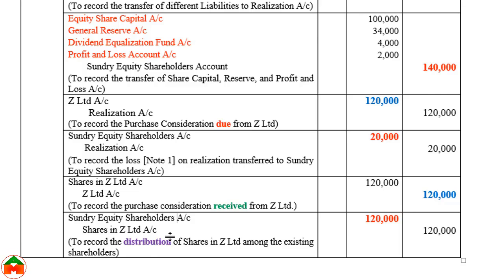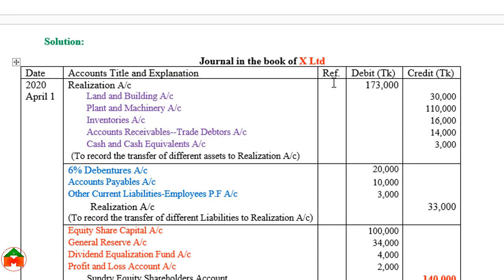So these are the journal entries in the book of the transferor company. I mean here the X company, because this company will be dissolved or liquidated, or the items of this company will be vanished by the journalizing process. That's why we have shown all the items in the opposite side.